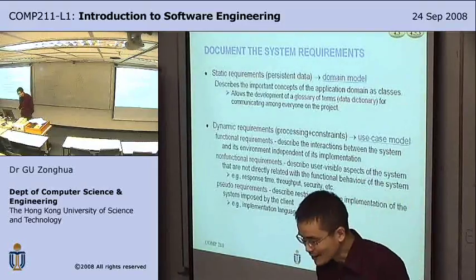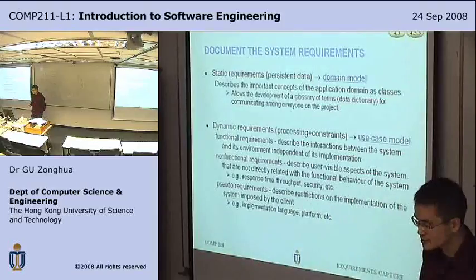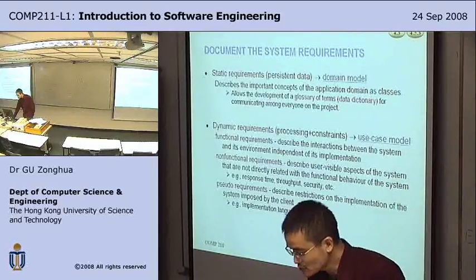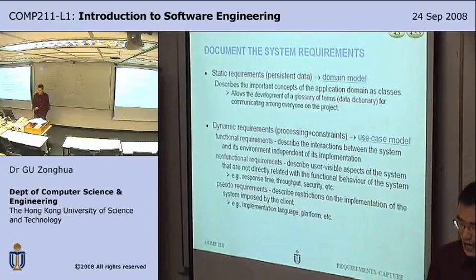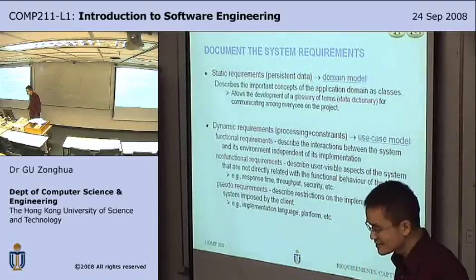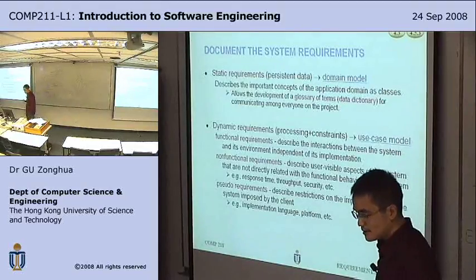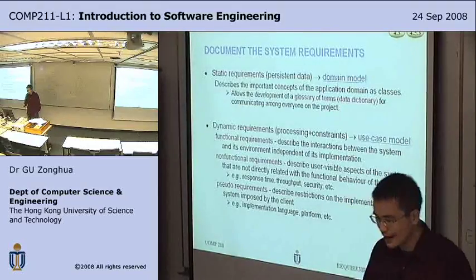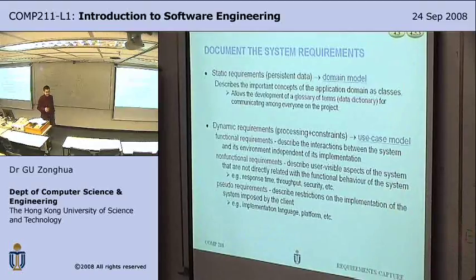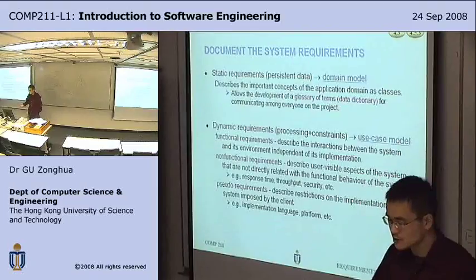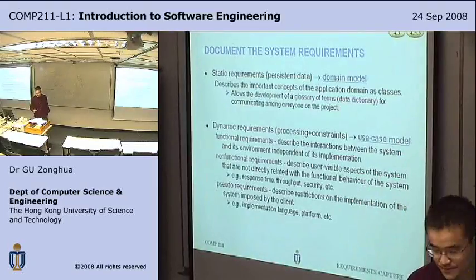Non-functional requirements describe user-visible aspects of the system. They are not directly related with the functional behavior of the system, including response time, throughput, security, etc. So throughput is how many user transactions can you process per second. Response time is how long does this particular request take to handle.